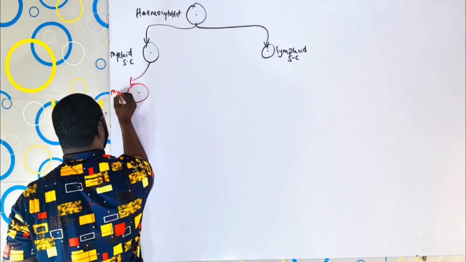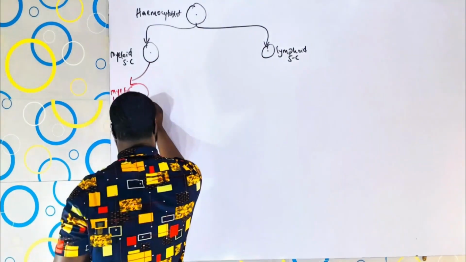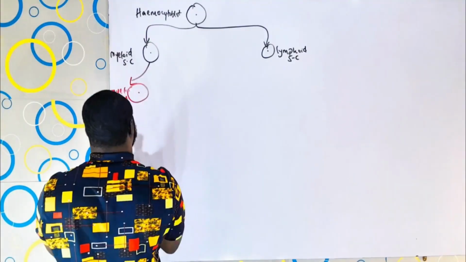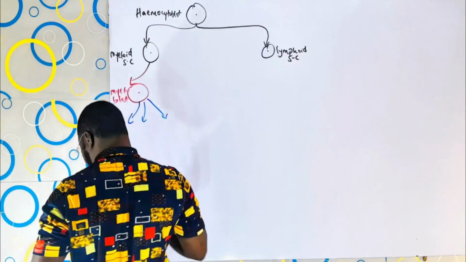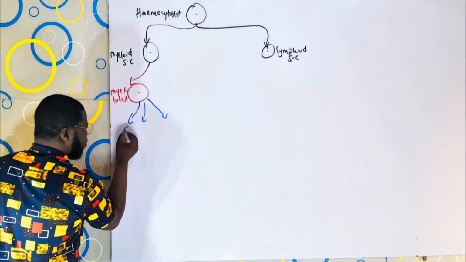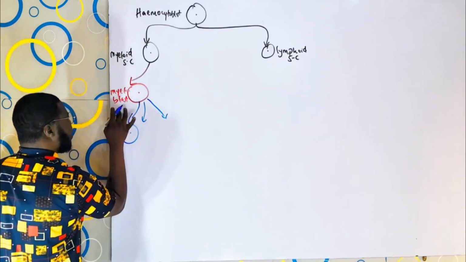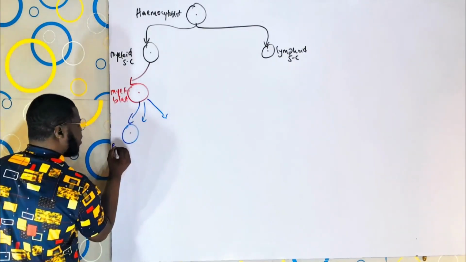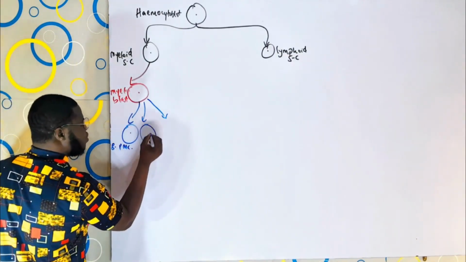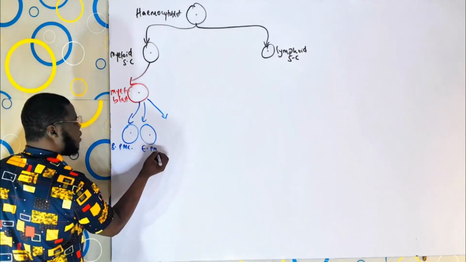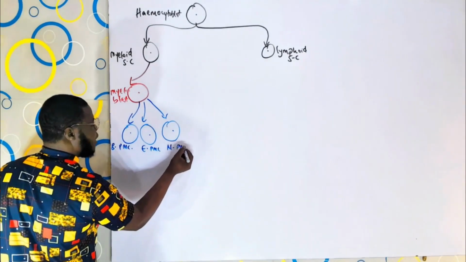Myeloblast. And then the myeloblast will start dividing to form the precursors of the 3 cells. So you have the first one, pro-myelocyte now: basophilic pro-myelocyte, eosinophilic pro-myelocyte and neutrophilic pro-myelocyte.